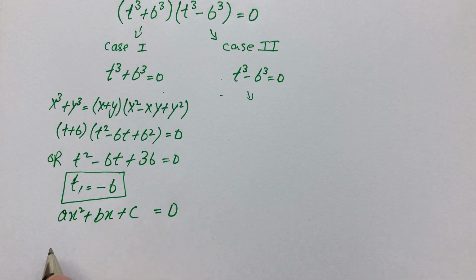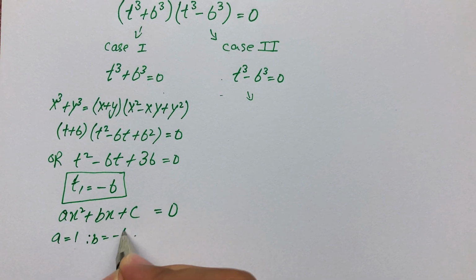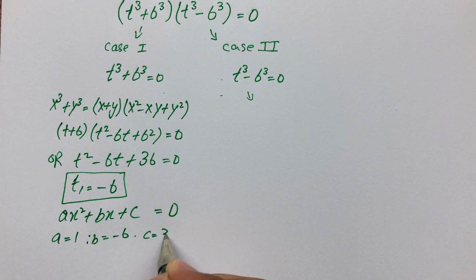So we are applying this formula: a is equal to 1 and b is equal to minus 6 and c is equal to 36 here.